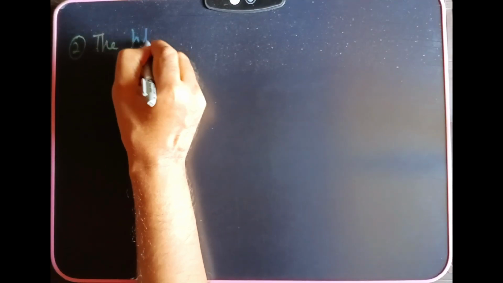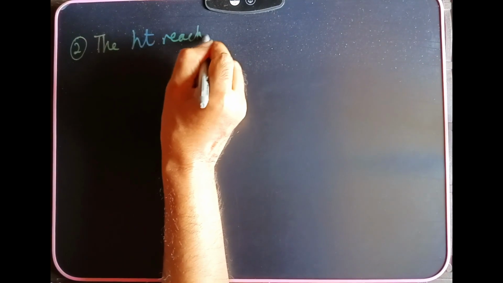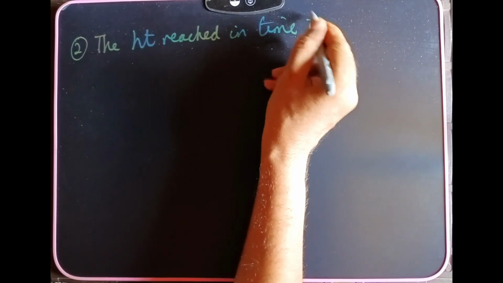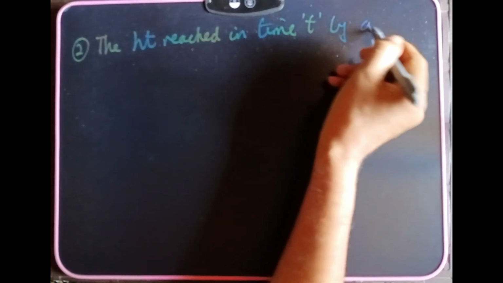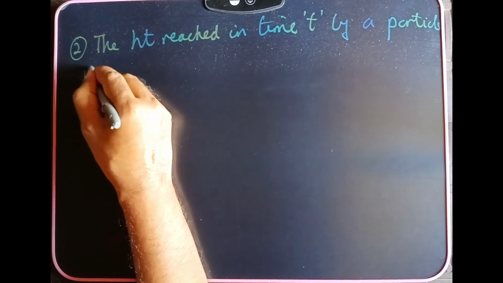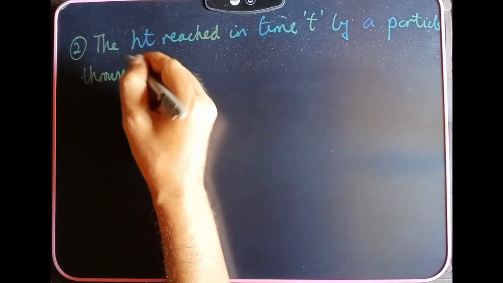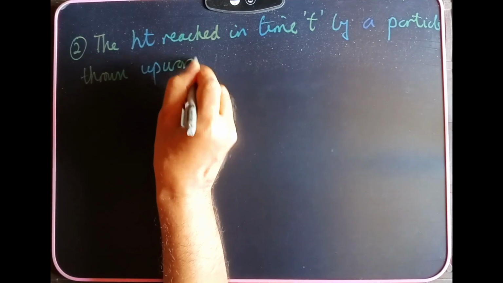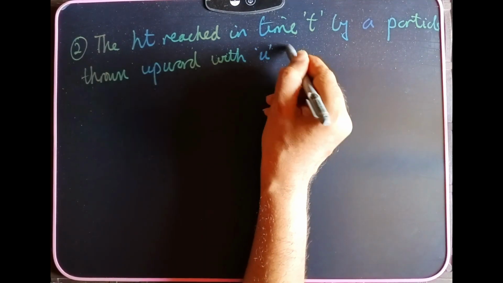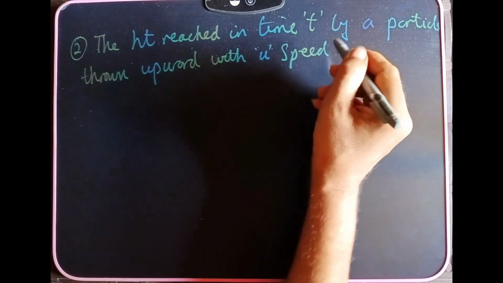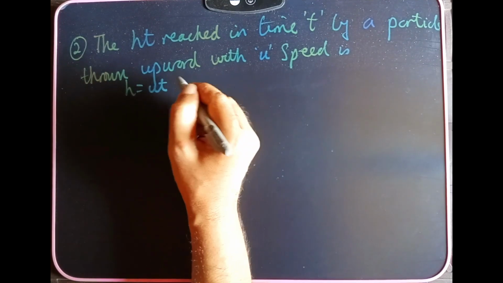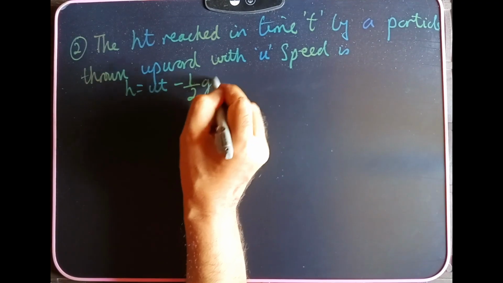The height reached in time t by a particle thrown upward with speed u is h is equal to ut minus 1 by 2 gt square.